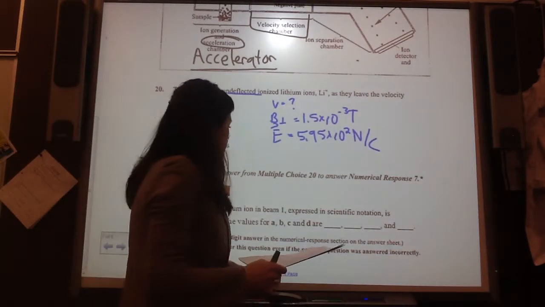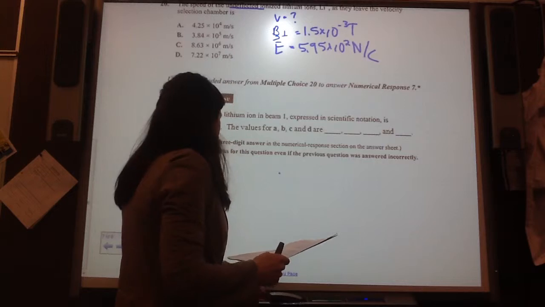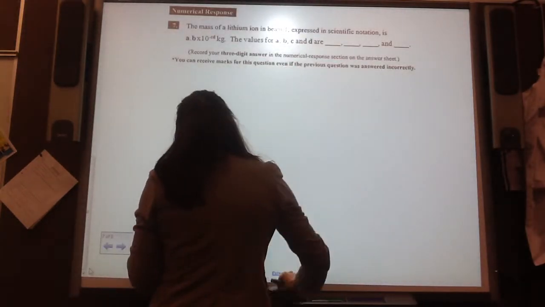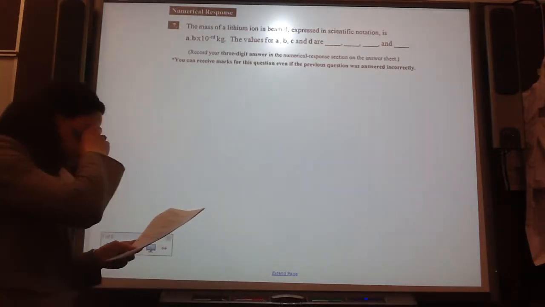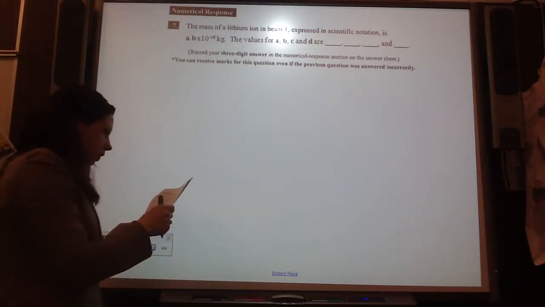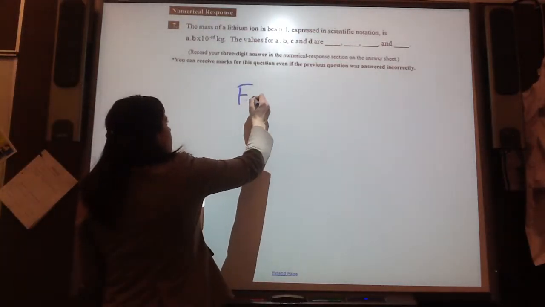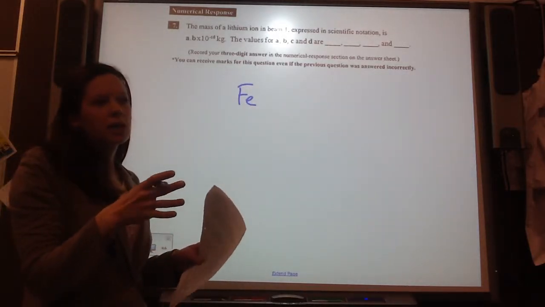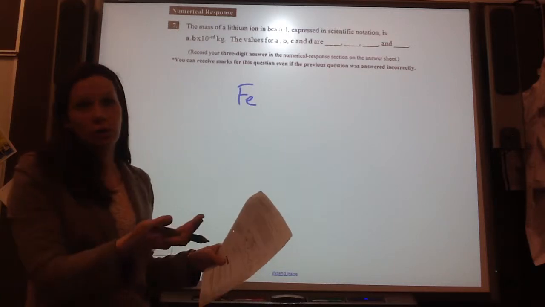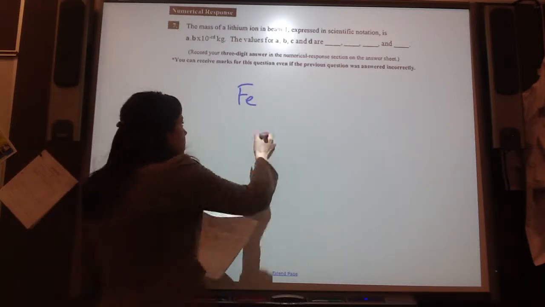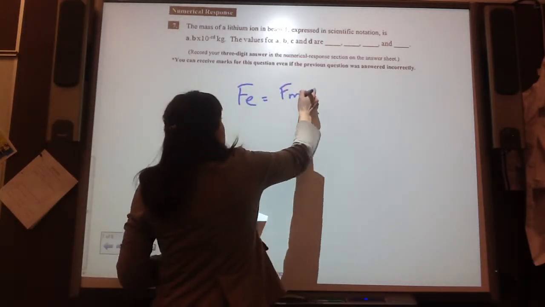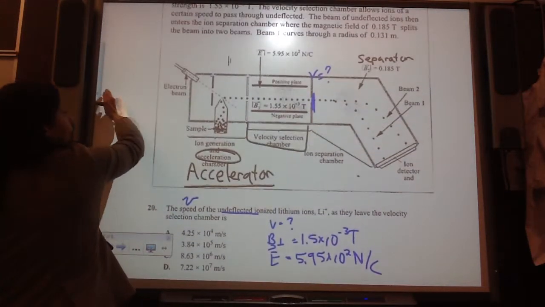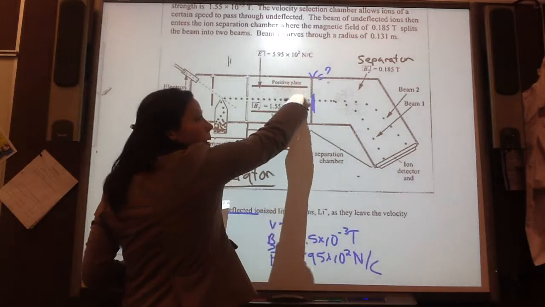I'm just going to do this with a little bit more space here. Since we're given this information, we can't say that FC is equal to FM because it's not going through a circular motion at that point. So we say FE is equal to FM because it's passing through undeflected, so it's not accelerating up or down.